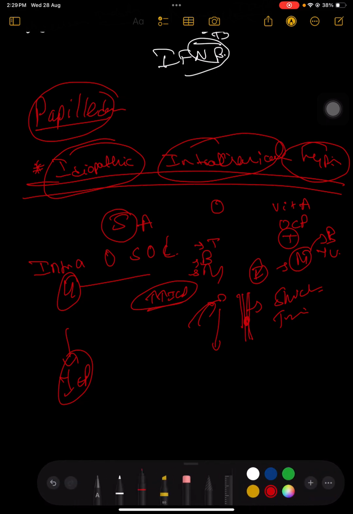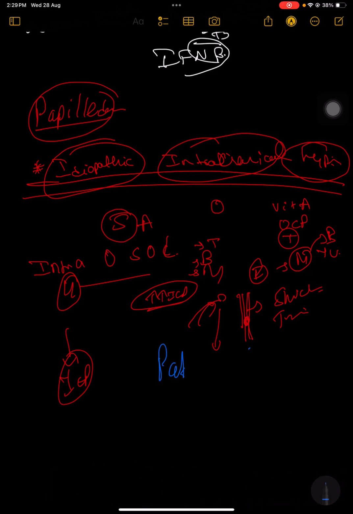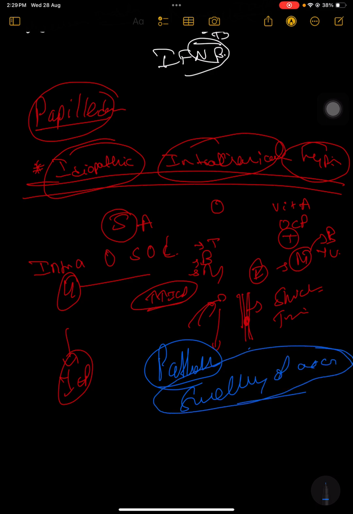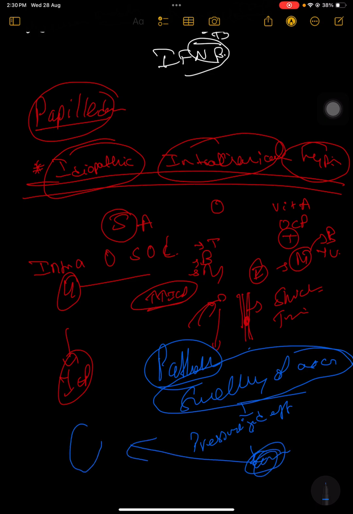The most important thing that we need to remember, whenever there is this disc edema, is the pathophysiology. There will be swelling of axons, and that will lead to edema, there will be a pressure effect to the veins, and that will lead to leakage.